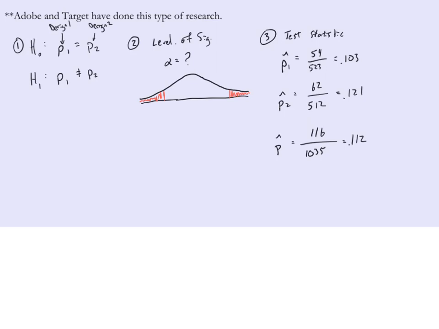And when we plug in, the numerator is P1 minus P2. So this is Z naught is equal to 0.103 minus 0.121 over the square root. Now I use my pooled estimate. And then the other square root, 1 over the sample sizes. There we go. Okay, typing this into my calculator.